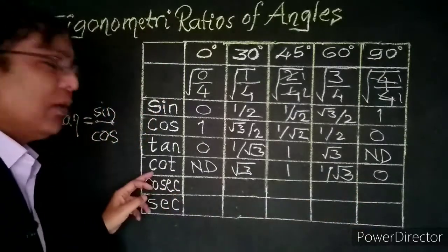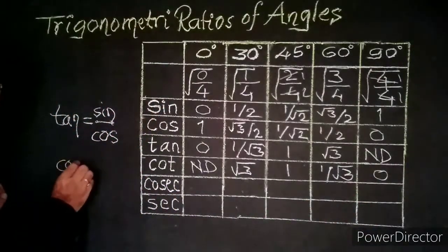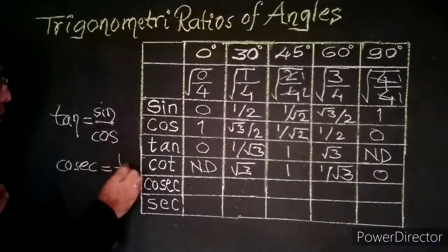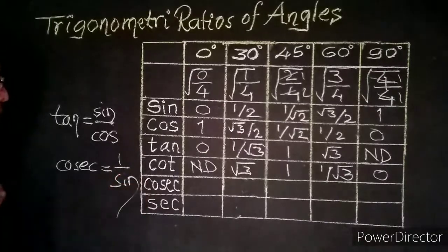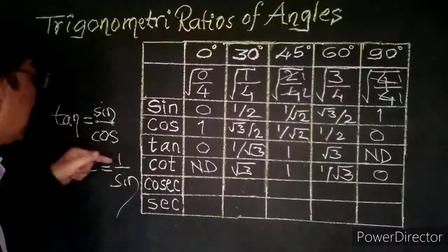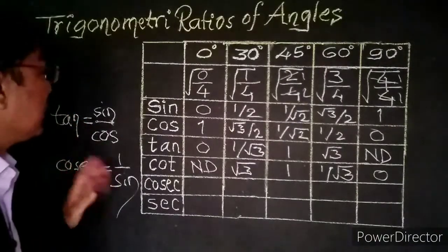Now, let us find the values for cosec. We know that cosec theta is nothing but 1 upon sine theta. We can get the cosec values by inversion of 1 upon sine.